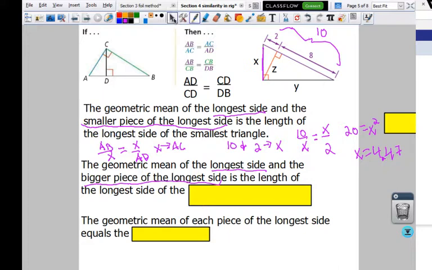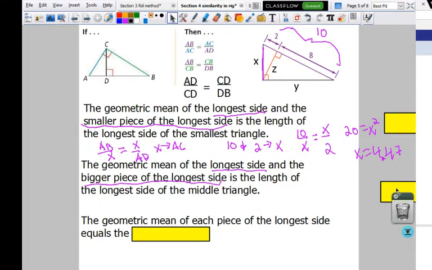Whatever that geometric mean is, it is the length of the longest side of the middle triangle.